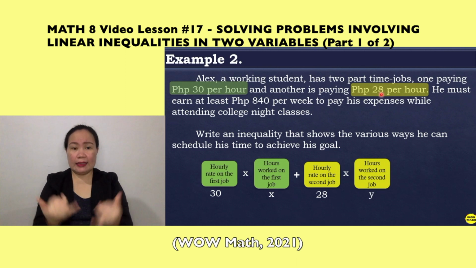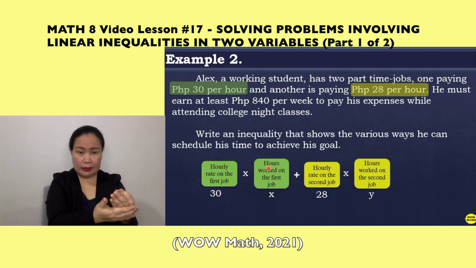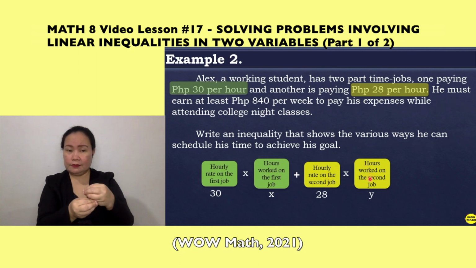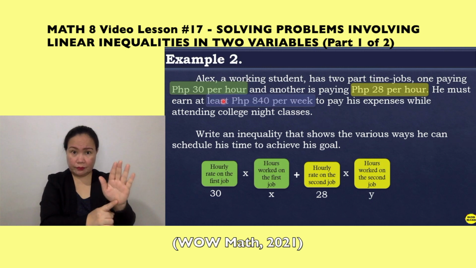Now, so we now have yung 30 pesos na rate niya sa first job, kung ilang oras siya nagtrabaho, plus yung 28 pesos na rate niya dun sa kung ilang oras siya magtatrabaho sa second job. Dapat, ang kitain niya ay at least. So, kanina, pinakita ko yung mga keywords para alam natin kung anong symbol ang gagamitin.